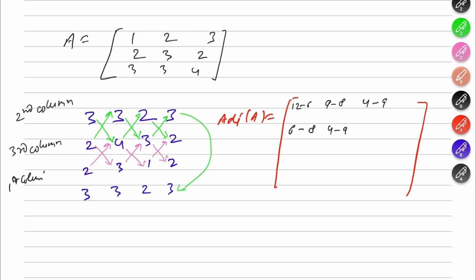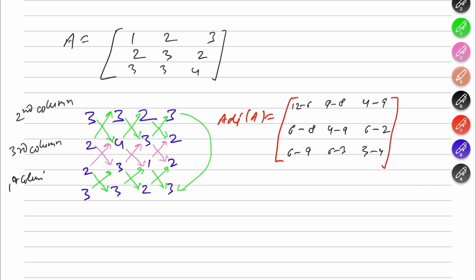And the same here again, 2 3 are 6 minus 9. And 3 2 are 6 minus 3. And 3 1 are 3 minus 4.